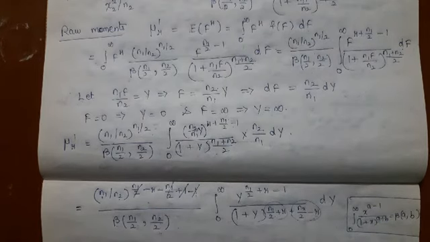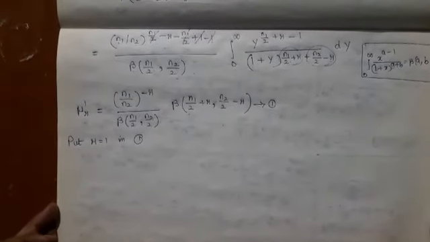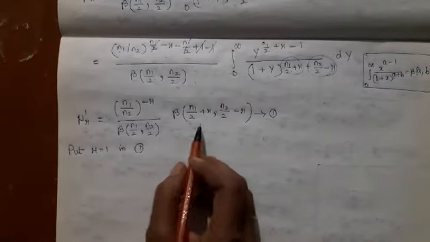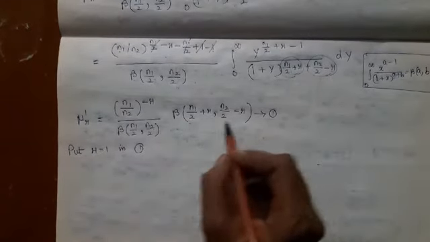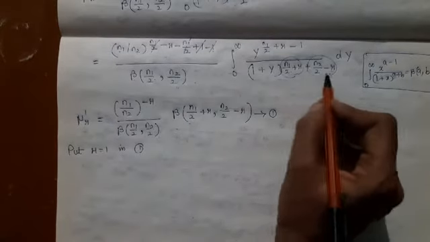Now this is my μr'. So to get μ1', put r equal to 1 in this result. So I have written it as beta of this plus this comma this, a comma b.